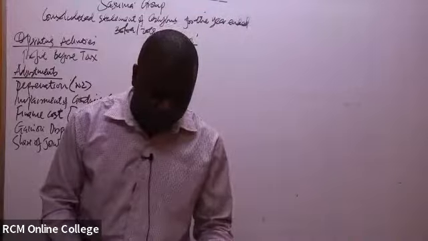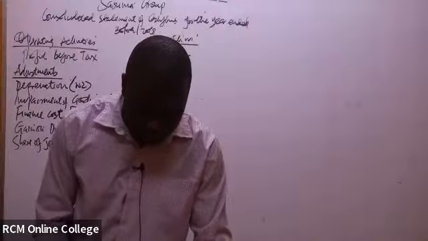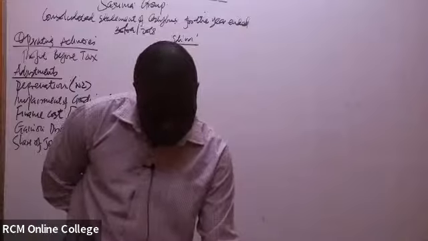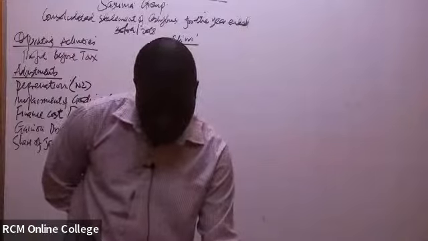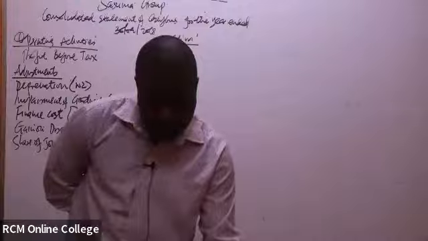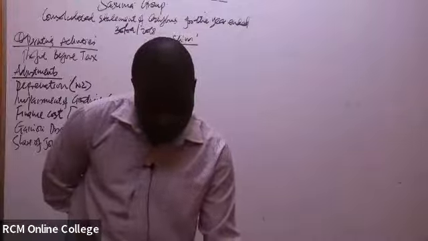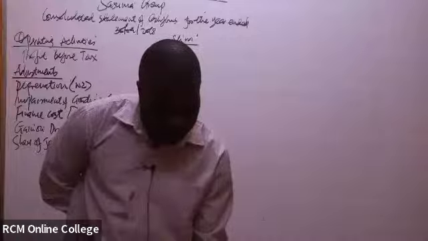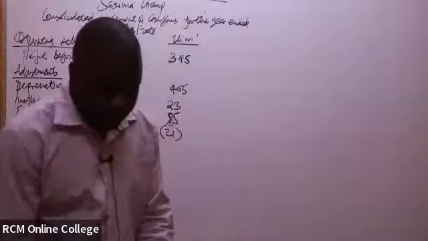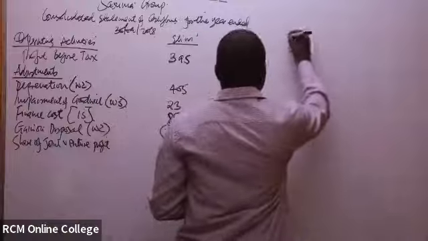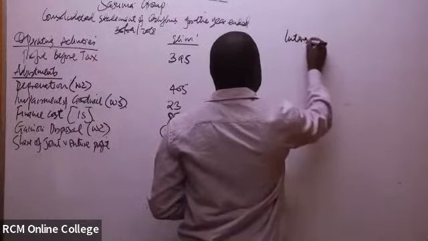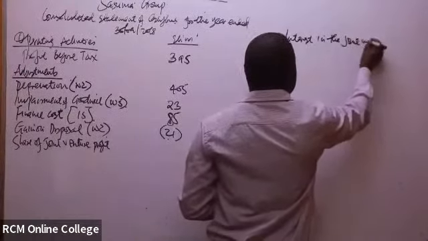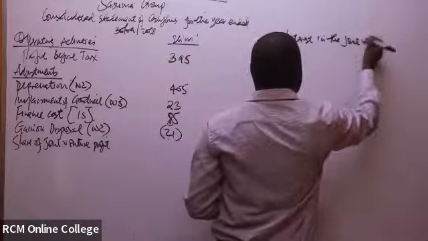For this joint venture profit, if you look at the non-current assets, you can see there's interest in the joint venture. Let's look at the interest in the joint venture account.